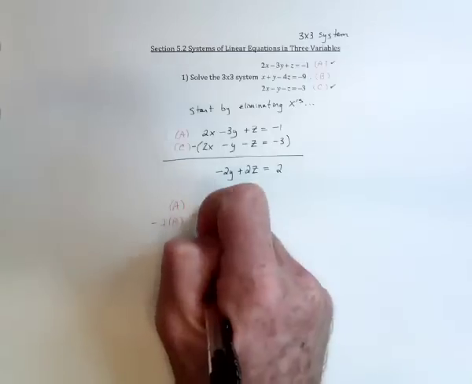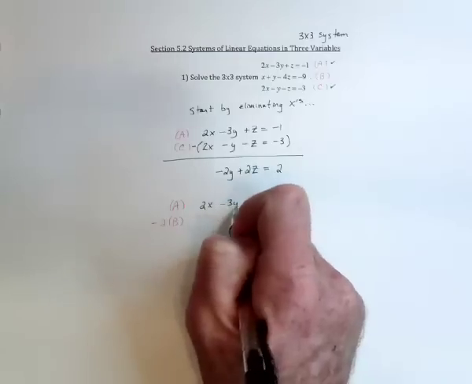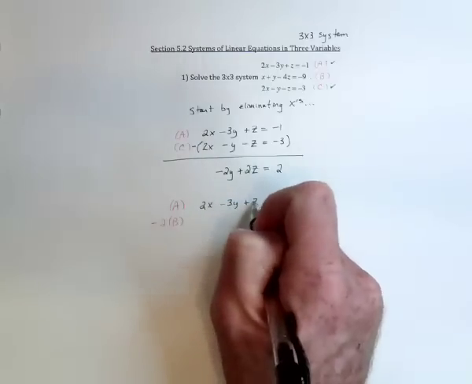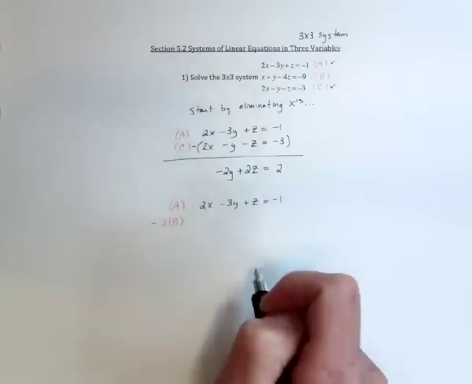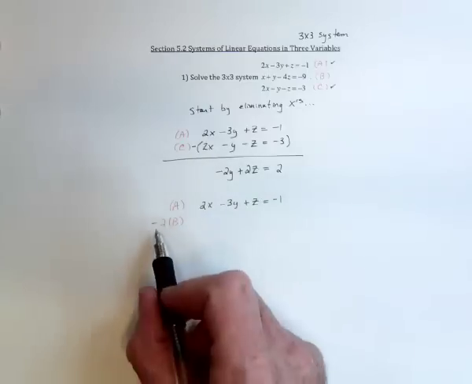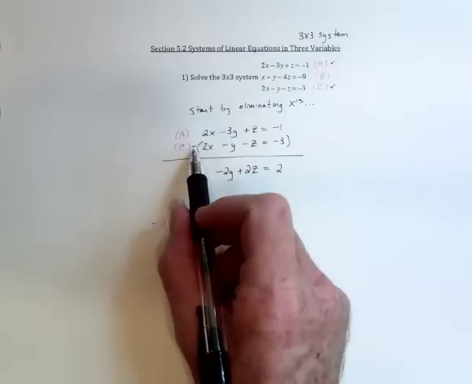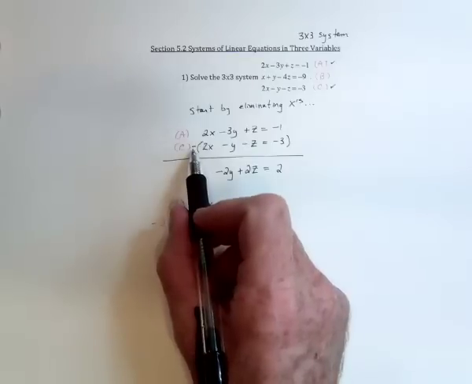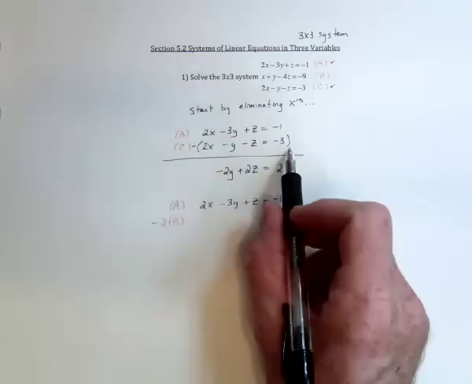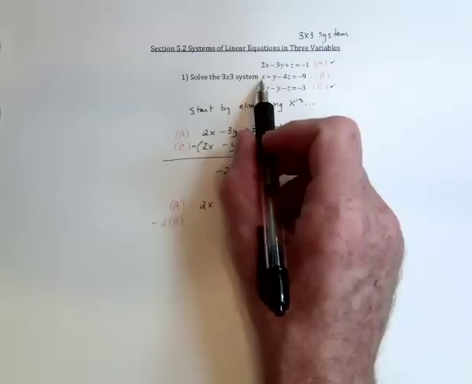So the first equation is 2x minus 3y plus z equals -1. And the second equation, multiply by a -2. And you can either do it as I did here, just put the number in front and then distribute it later, or you can go ahead and do it as you're transferring this down.